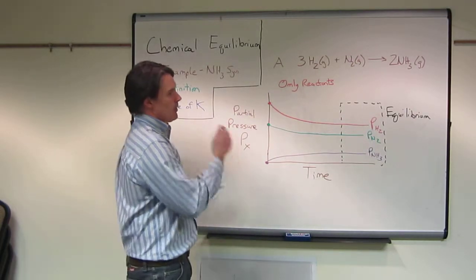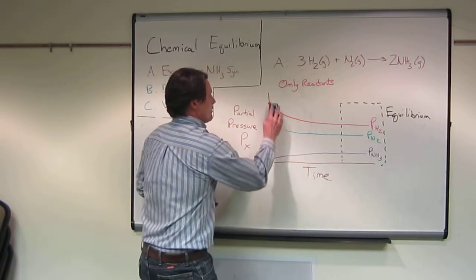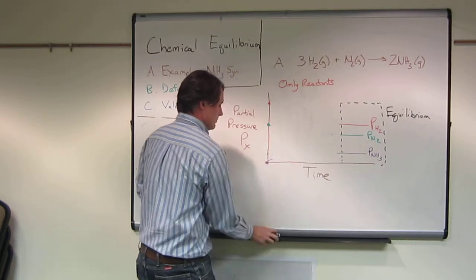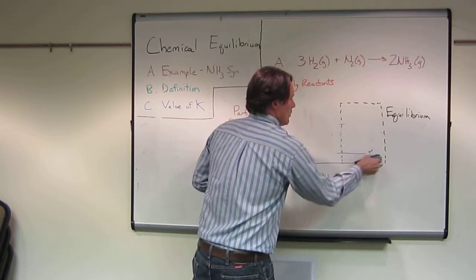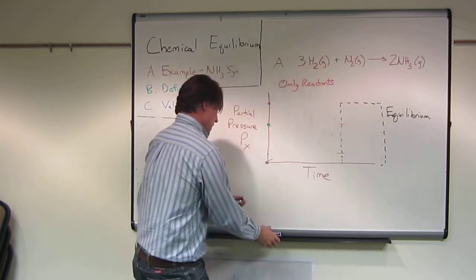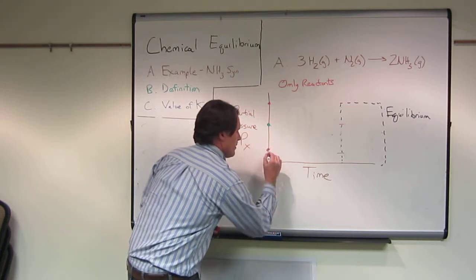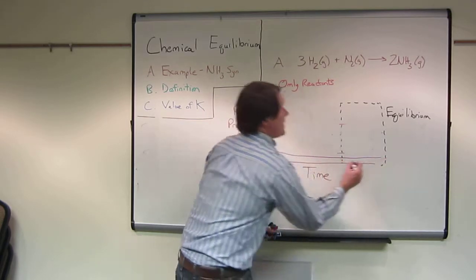Now, that would look like this if, rather than starting off with reactants, we start off with products. We'll start off with just a little bit of ammonia this time. And so in this case, we have a positive amount of ammonia, and it will decrease slightly as it decomposes.